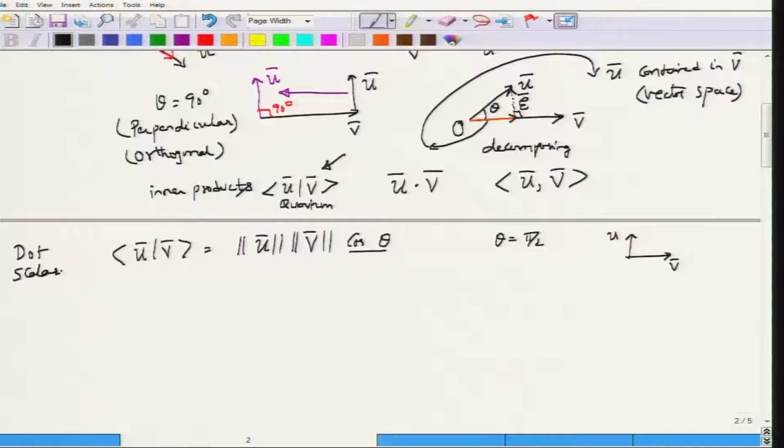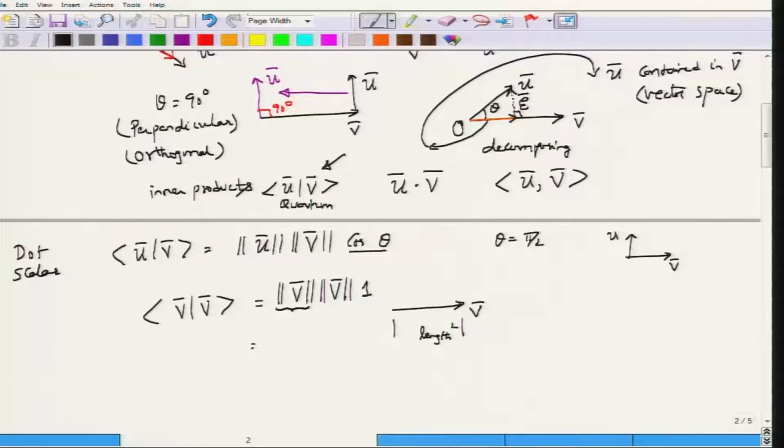Interestingly, what would be the scalar product of the vector v with itself? Well, I have the vector v here. If I project the vector v onto itself, what I get would be this length square. Why do I get a length square? Because mathematically, expanding this, I have to write the length of v twice, because here it is v and v instead of u and v, and the angle theta will be 0, therefore cos theta will be equal to 1.